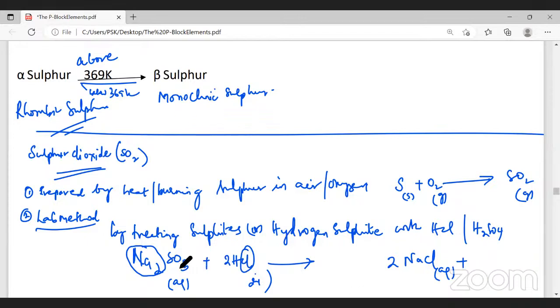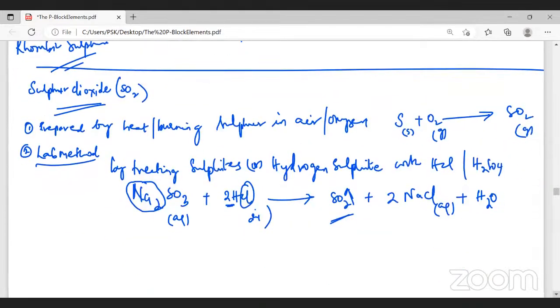Of the 3 oxygens, 1 oxygen reacts with 2 hydrogens to form water, and the gas liberated is sulfur dioxide.